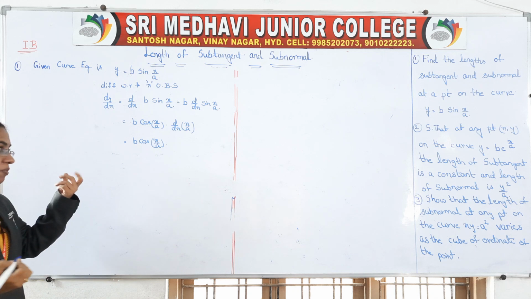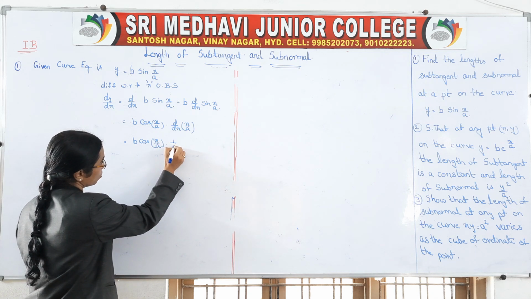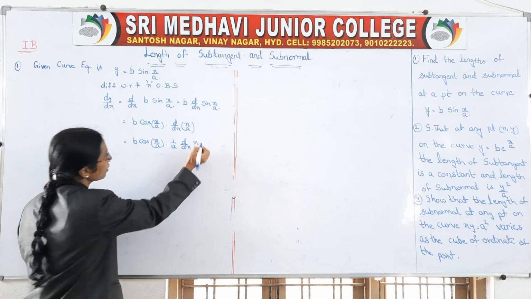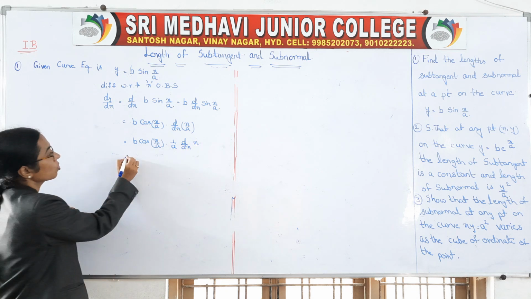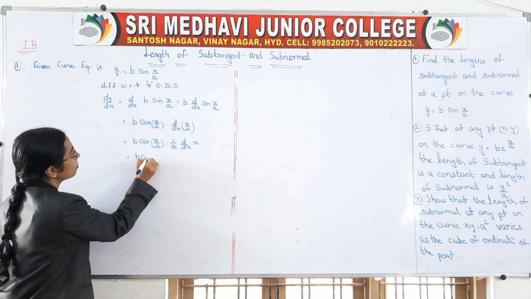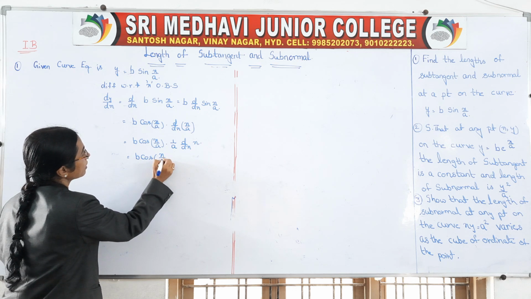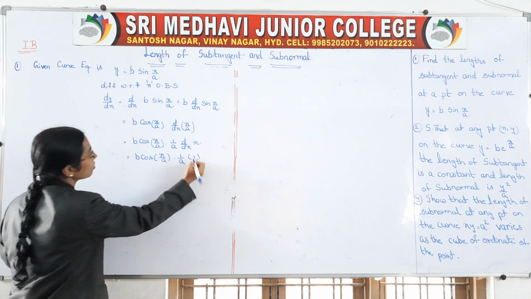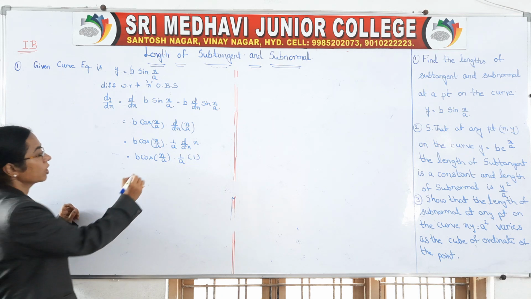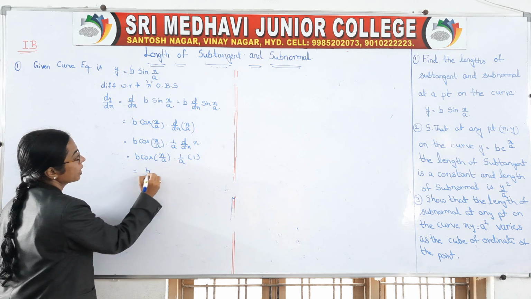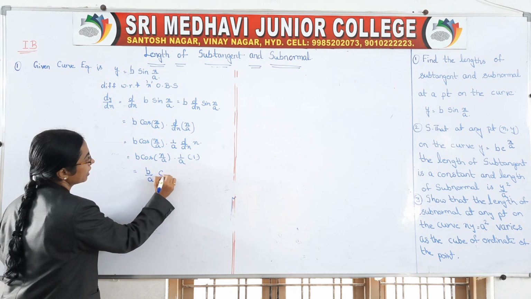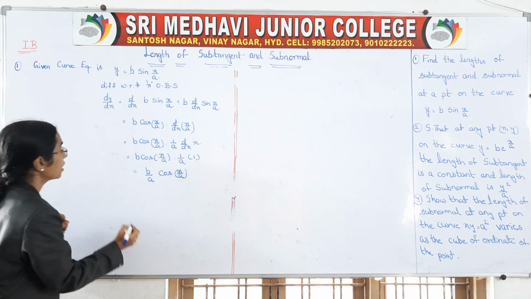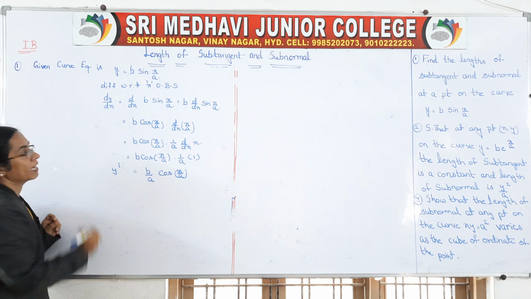X by a means 1 by a is constant, so we can write 1 by a outside into d by dx of x. D by dx of x is 1. So it is nothing but b by a, a constant, into cos of x by a. This is your y dash.